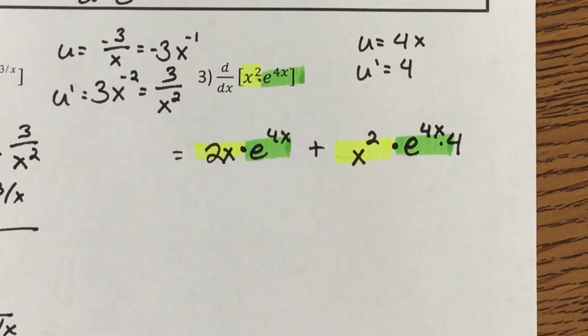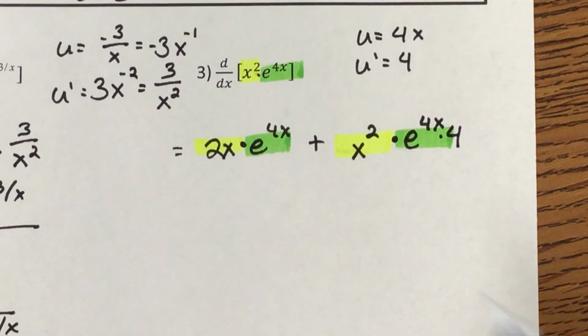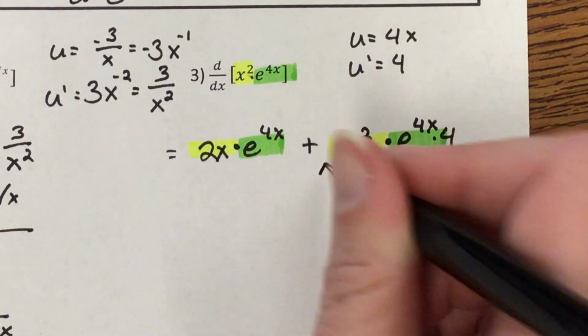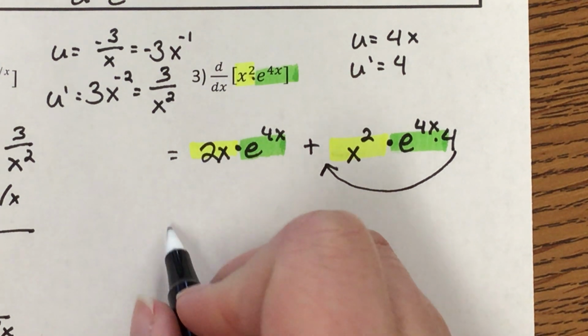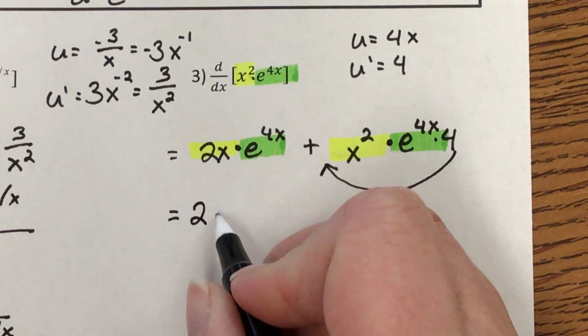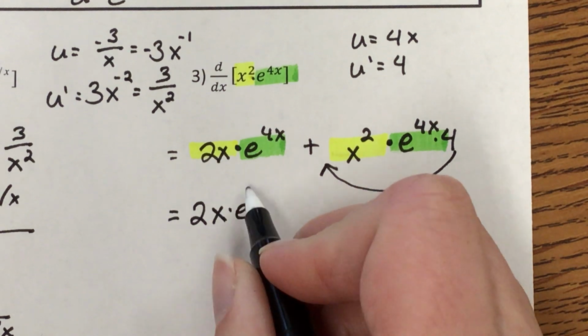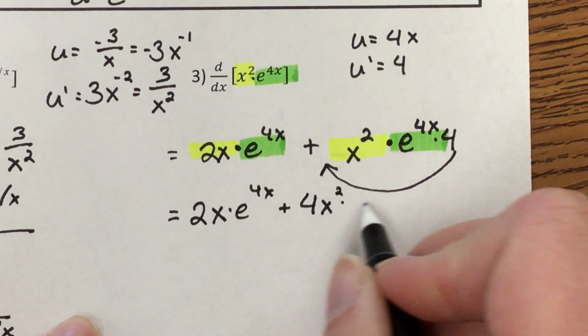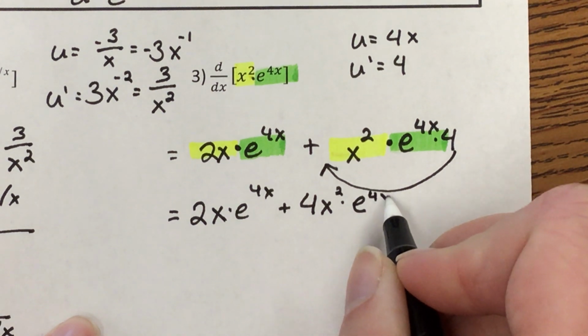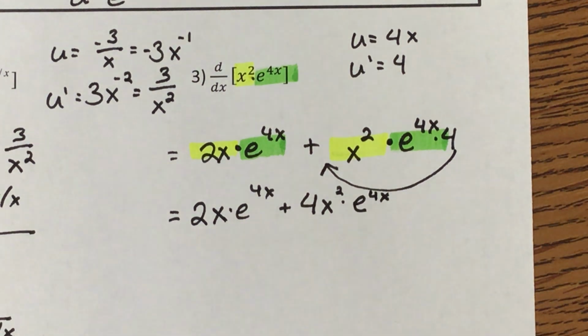Now, you can leave the 4 where it is, or you can choose to put the 4 here instead, kind of like the 2 is to the left of the x. So to clean it up just a little bit, 2x e to the 4x plus 4x squared e to the 4x. Looks a little bit cleaner, but it doesn't matter again.